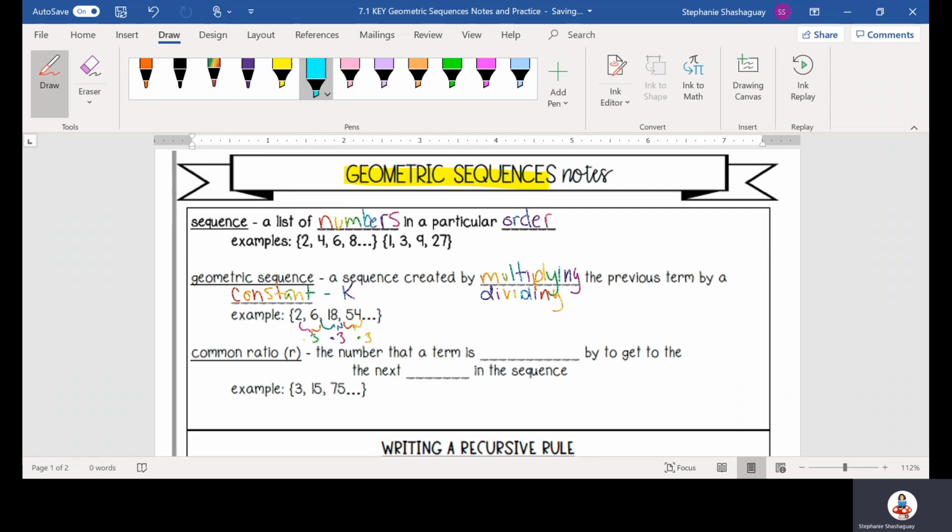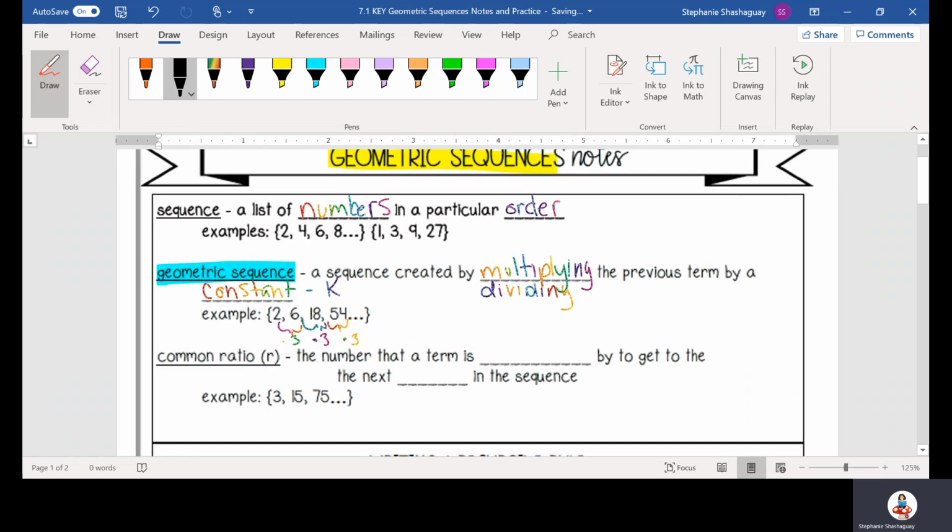A geometric sequence is something new that we haven't talked about before. But I want to remind you about arithmetic sequences, which we talked about earlier in the year.